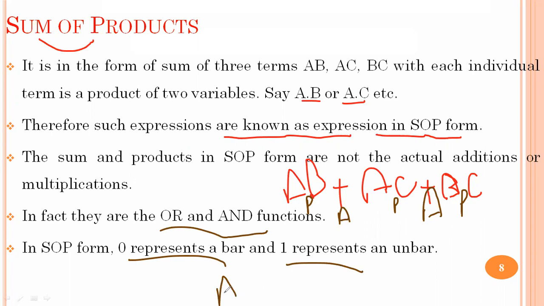Like if A bar is there, we will represent it as A0, and A1 means simply A. Clear? A bar is A0, whereas simple A is A1.